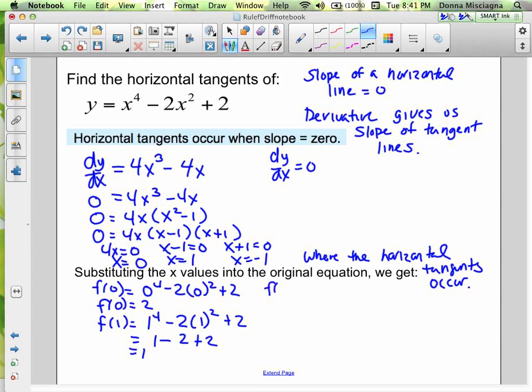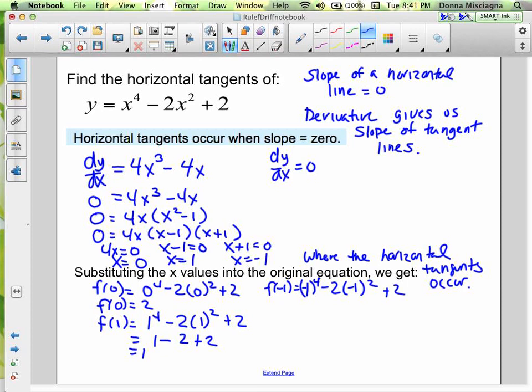And then negative 1. So f of negative 1 would be negative 1 to the fourth, minus 2 times negative 1 squared, plus 2.